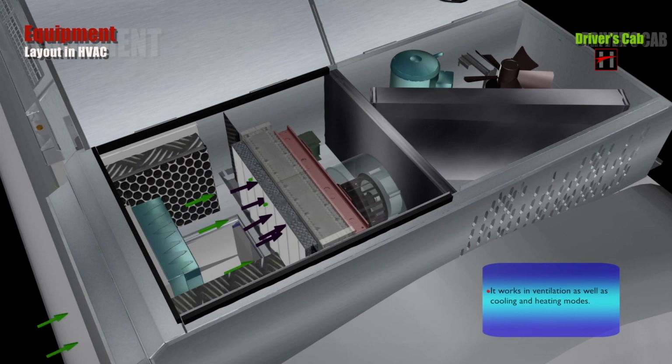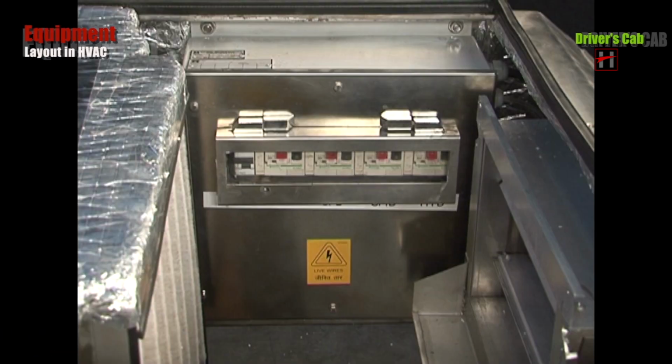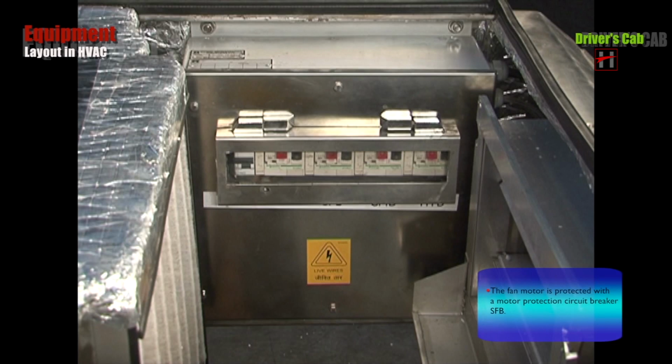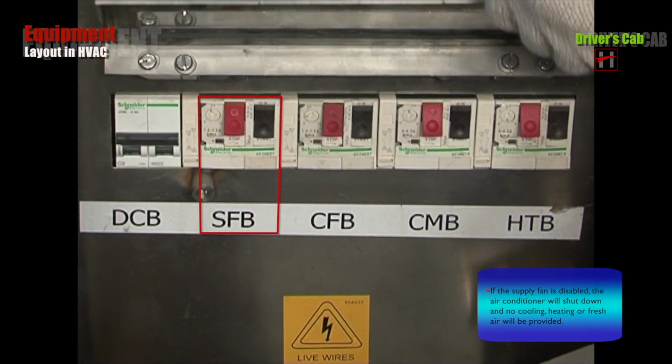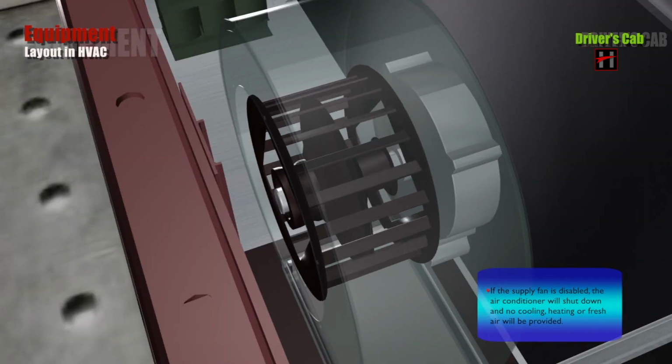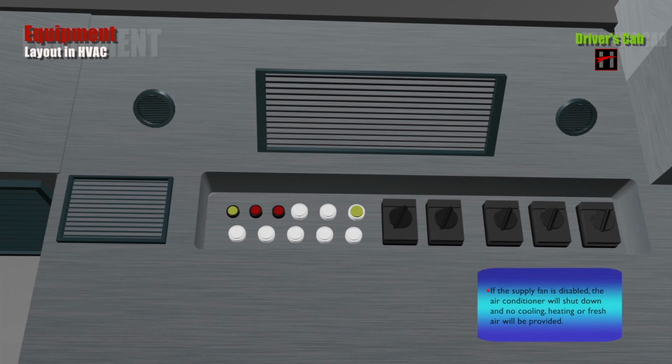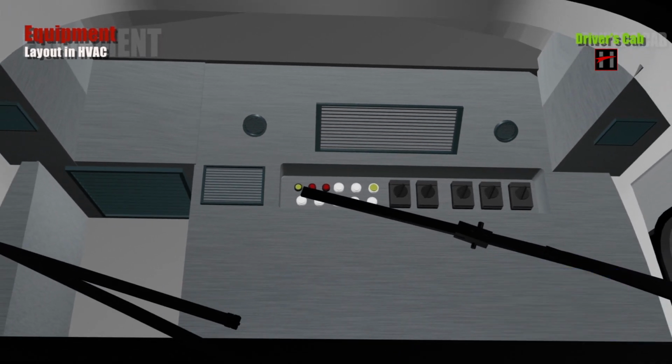It works in ventilation as well as cooling and heating modes. The fan motor is protected with a motor protection circuit breaker (SFB). If the supply fan is disabled, the air conditioner will shut down and no cooling, heating or fresh air will be provided.